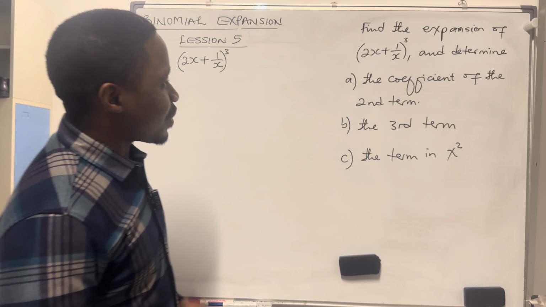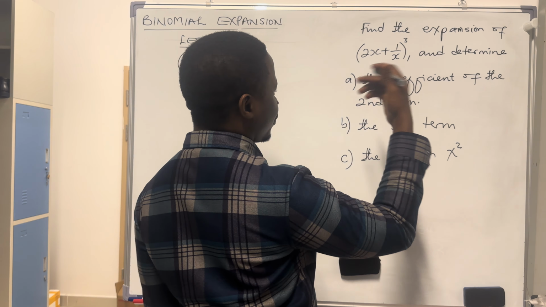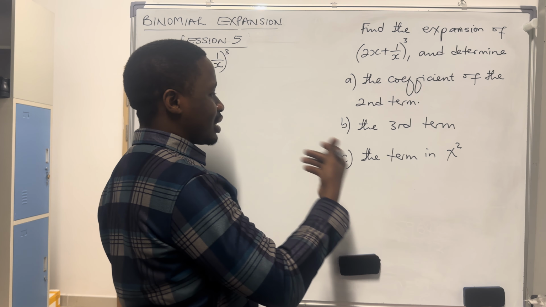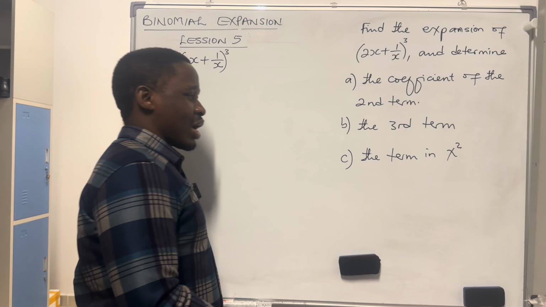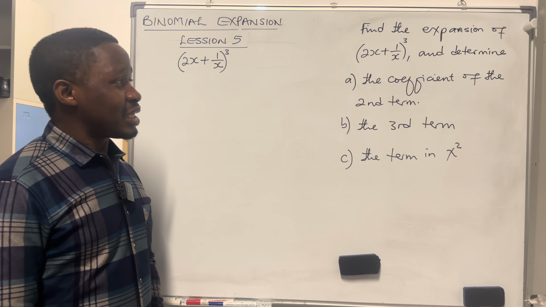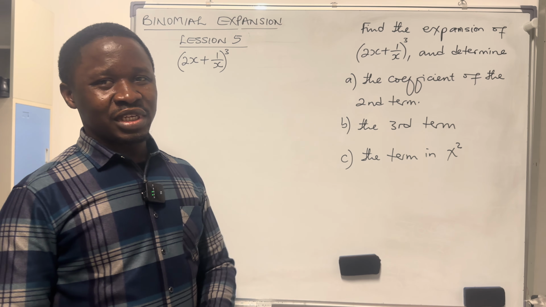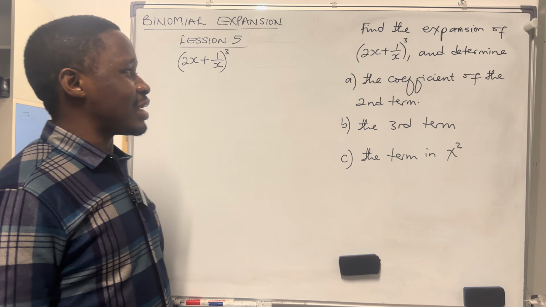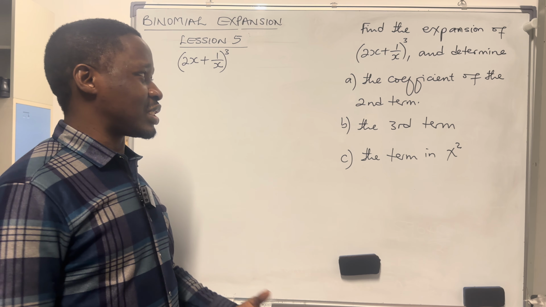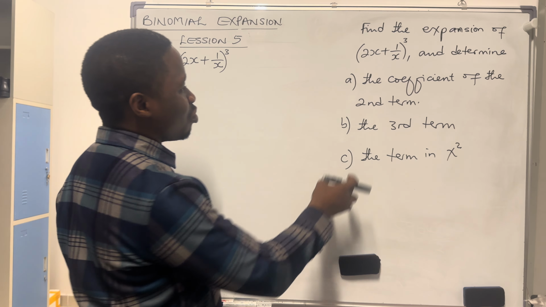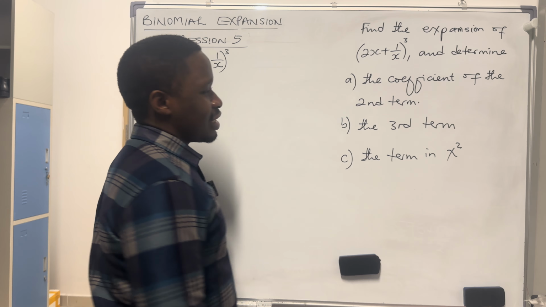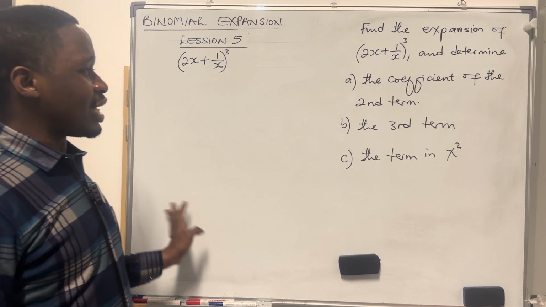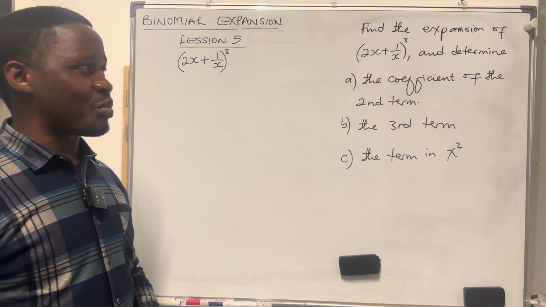Can we find the coefficient of the second term, the third term, and the term in x squared without the expansion? Yes, we can find any of these without fully expanding. But because we have multiple cases here, let us just expand fully, then it will be easier, especially for beginners.